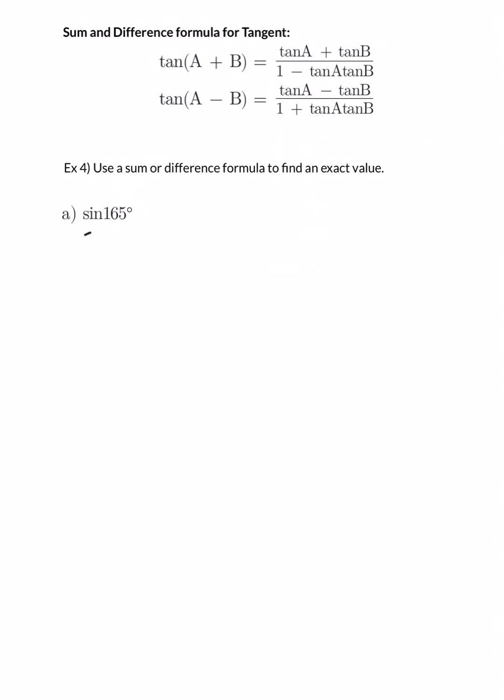But the first thing that I see is rewriting this as 45. When I see a 5, I know I need to use a 45 somewhere. 45 plus 120. Those are both angles that are on the unit circle. So now we're going to use the sine version sum formula.